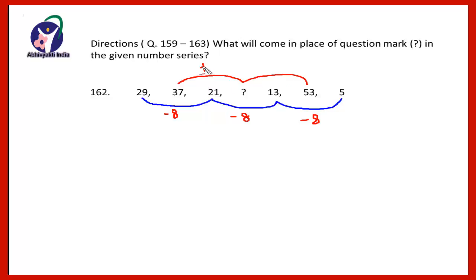If you add 8, you will get 37 and 8, that will be 45. And 45 plus 8, that will be 53. And therefore here the 8 is added and here the 8 is subtracted, and so the question mark should be replaced by the number 45.